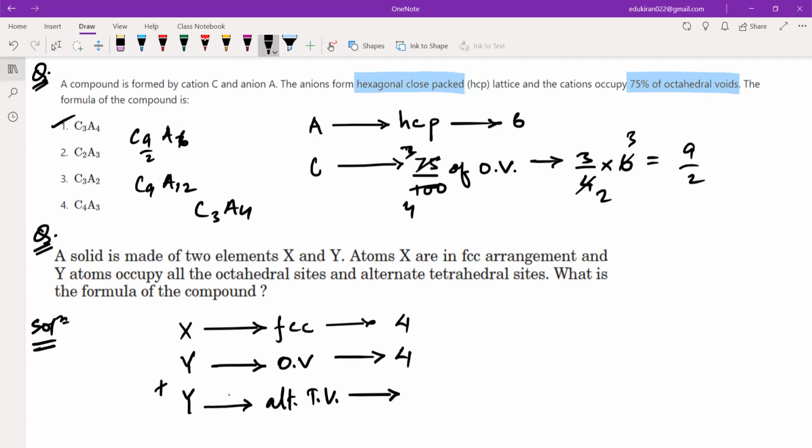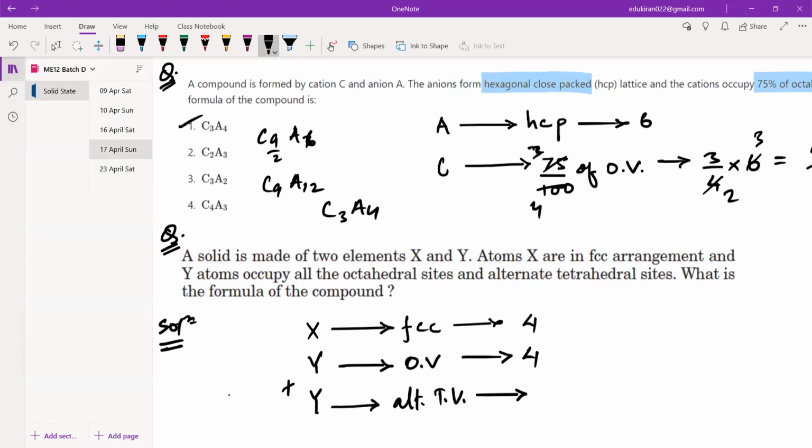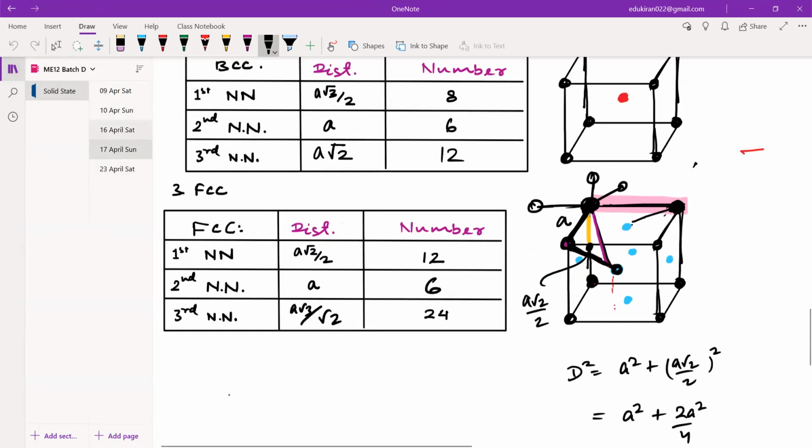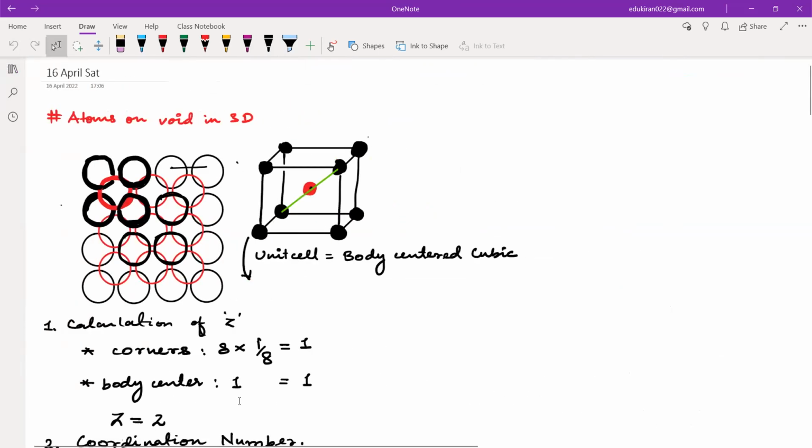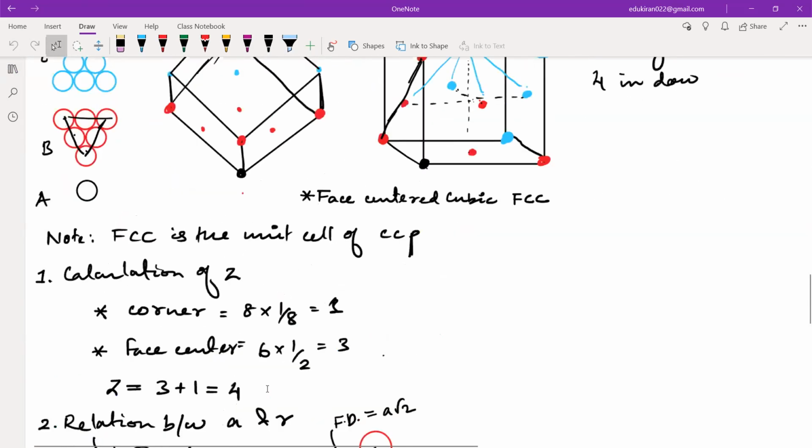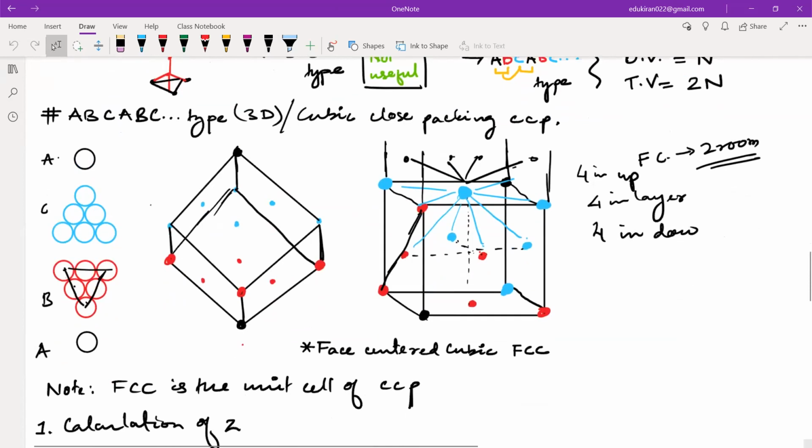Tell me about the tetrahedral voids. How many tetrahedral voids will there be? Okay, so let us see the face centered cubic. Here we have the face centered cubic, right? In face centered cubic, you can see that these 3 atoms are there, and then just below it we have this black atom.